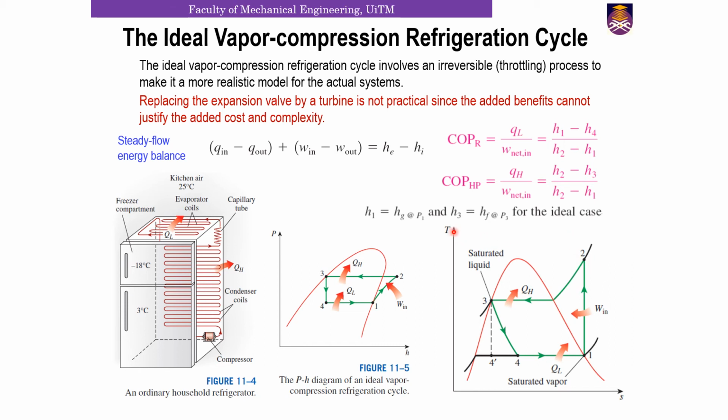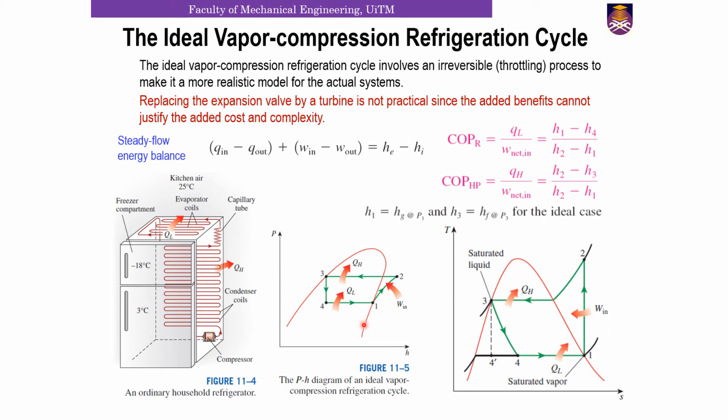Now this is a TS diagram. You should be able to draw this TS diagram based on the information given to you in the question. You can also represent the ideal vapor compression refrigeration cycle using a PH diagram. So you can see here the PH diagram. Again, you have a similar dome which is different from this.